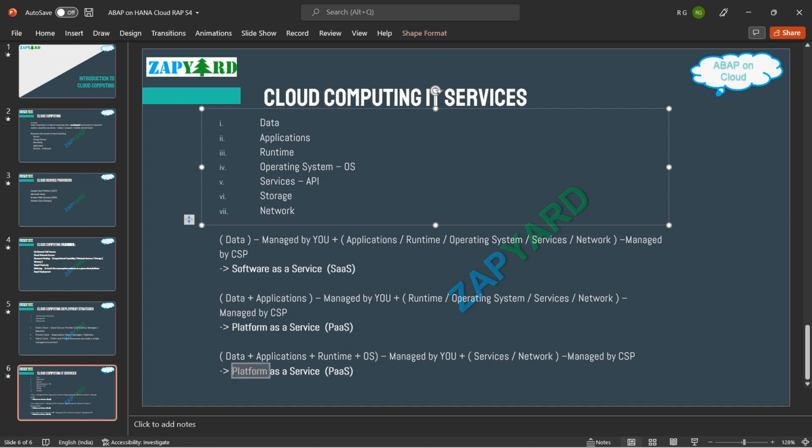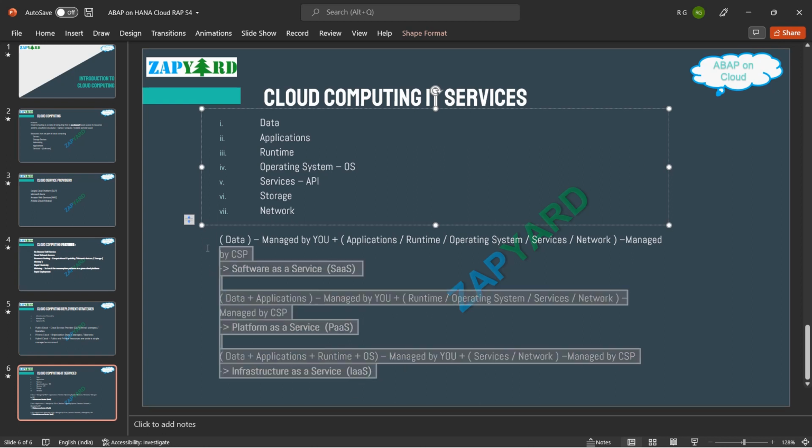Then what is this category known as? It is known as infrastructure as a service, or in short form, IaaS. So these are the three different kinds of IT services which are provided as part of cloud computing.